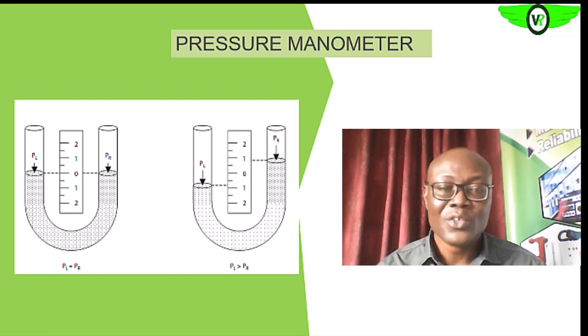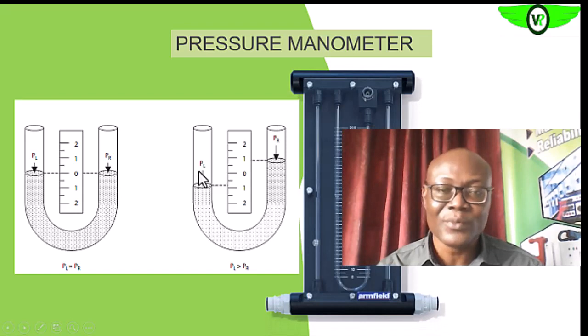It will move it up to a stage where the height above the left column is exactly equivalent to the force that is exerted on the left column. So that is how the pressure manometer works.